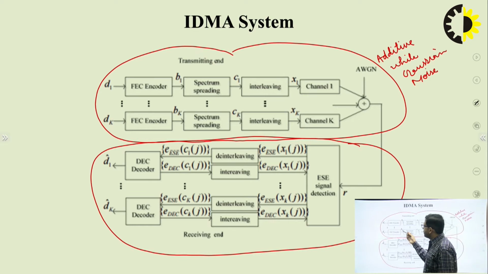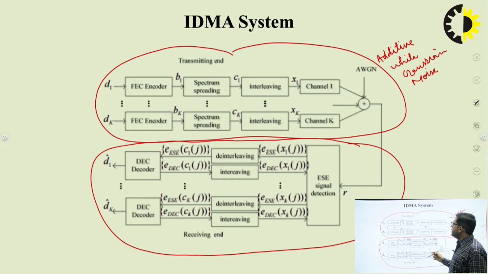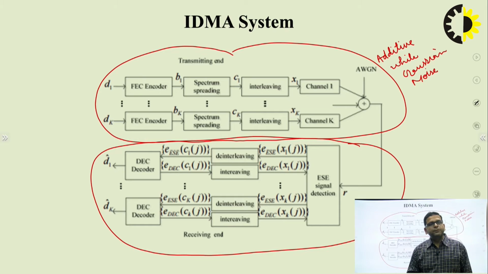Now, the first and very basic block of the IDMA transmitter is the forward error correction encoder. This encoder is used to encode the symbol which we want to transmit.